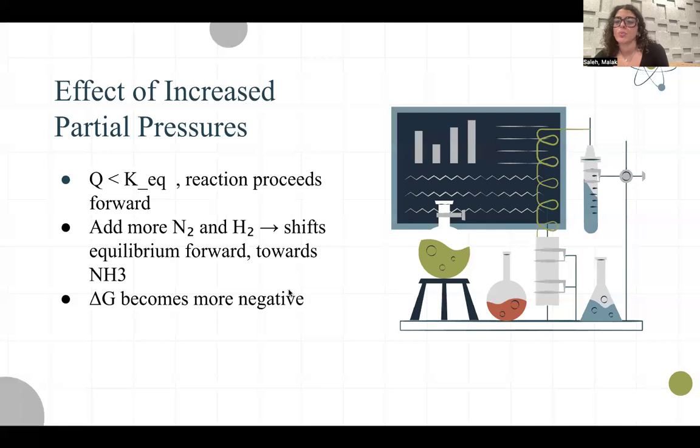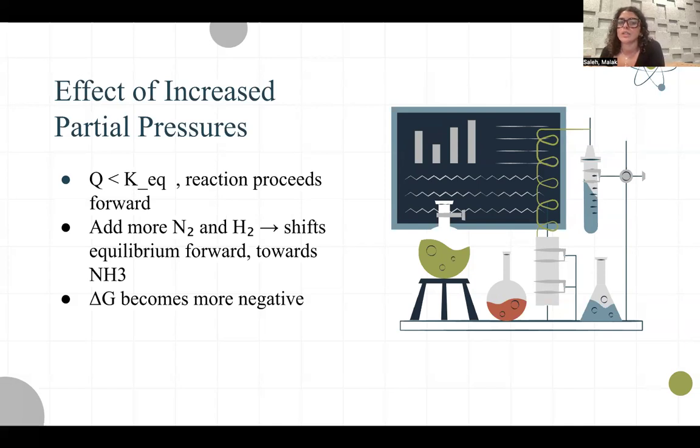So the effect of partial pressure: when we increase the partial pressure of nitrogen and hydrogen, we add more reactants into the system. That's what it means to increase the partial pressure. According to Le Chatelier's principle, the system is going to shift in the direction that uses up those reactants, so it's going to shift towards making more ammonia.